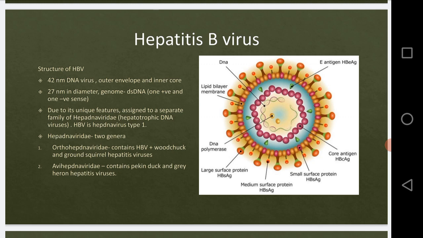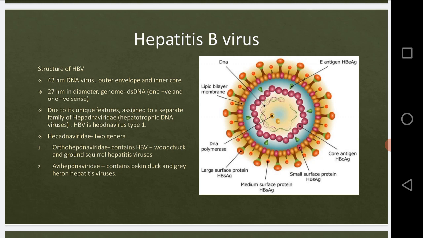Now look at the structure in this picture. You can see the double-stranded DNA, and the DNA dependent DNA polymerase is present. After that there is the nucleocapsid, which we call the core, the inner core of the DNA.